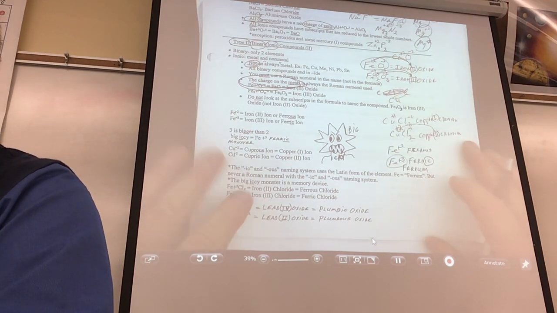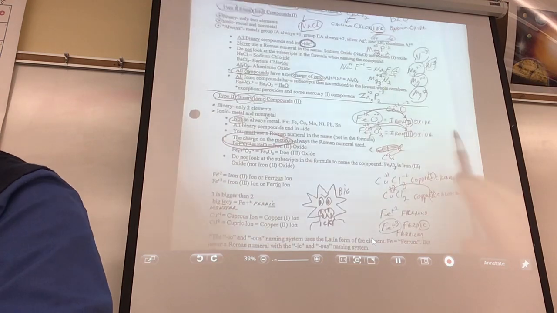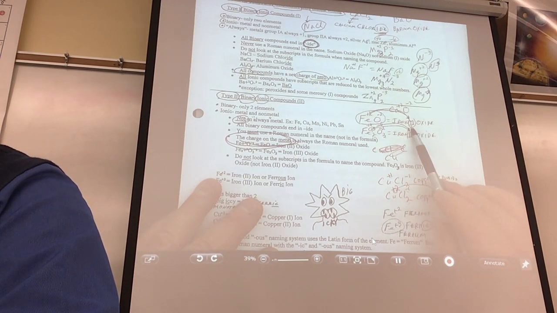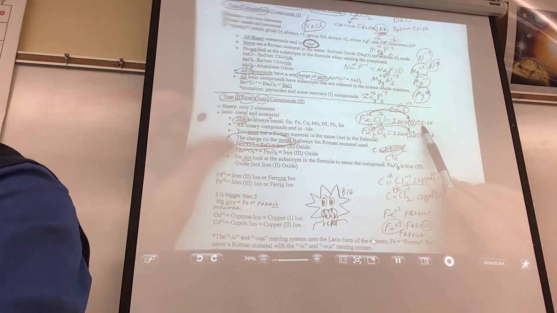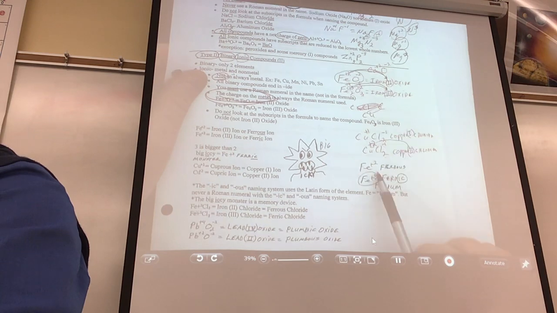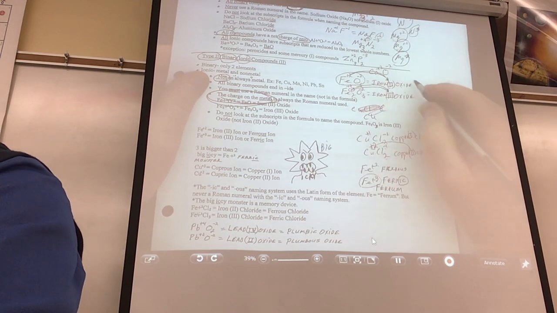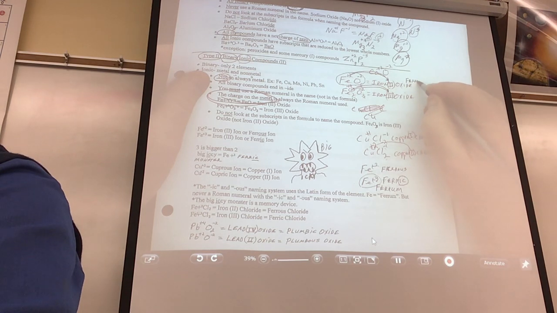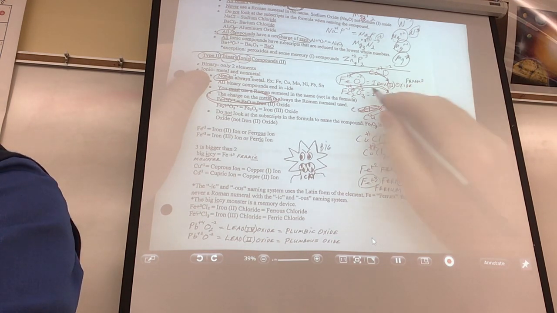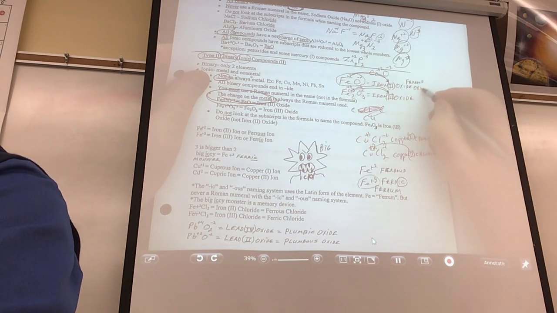We're going to go up here, and there's another name for iron 2 oxide. Okay, the old name is, what's another word for iron 2? Ferrous. You get that? Okay, now, so ferrous oxide.